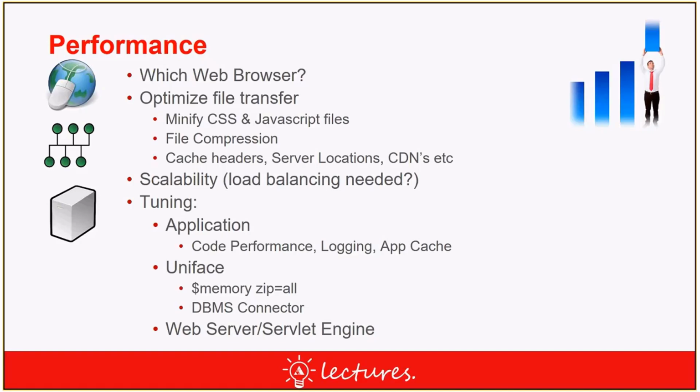The idea is you create your drop-down list, you save that in an external app cache using the Uniface interface functionality, and it will remember it for a certain amount of time and then forget it. So you can actually go and check before you regenerate all this from the database, have I got that? Go and get it, and just improve the performance a little bit along the way.